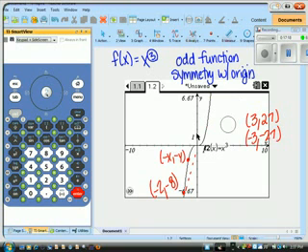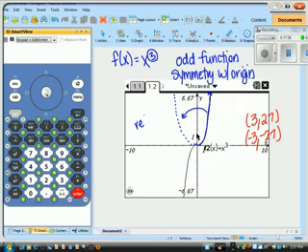Okay, well that's nice, but visually that's really hard to tell. So the easiest way to tell symmetry with the origin is if you take part of the graph and reflect it in the y-axis, and then you take that part of the graph and reflect it in the x-axis, you get the other part of the graph.